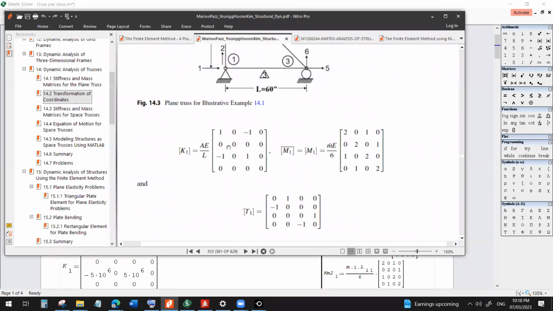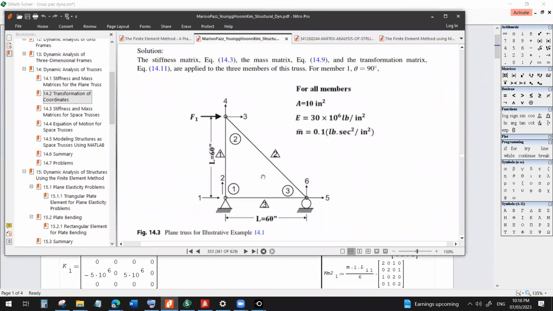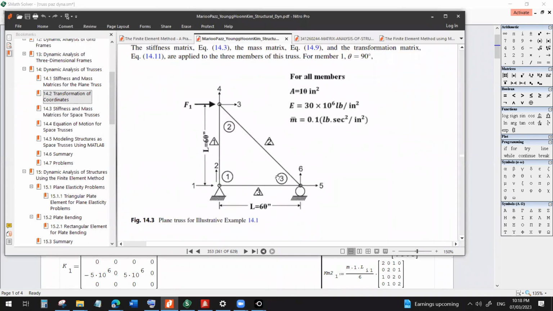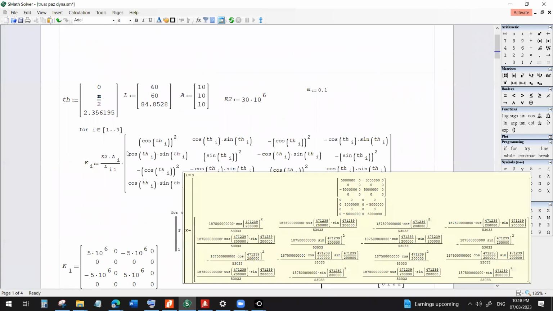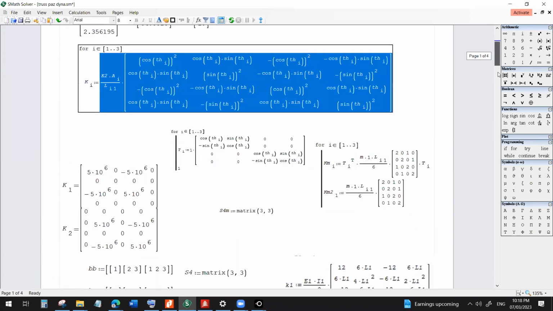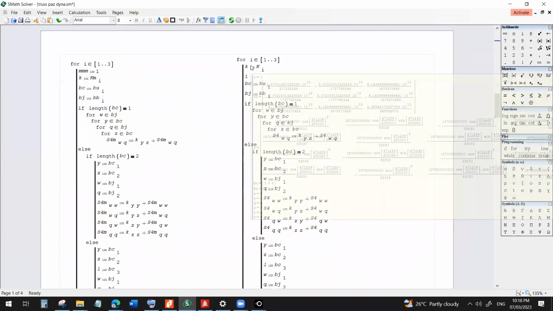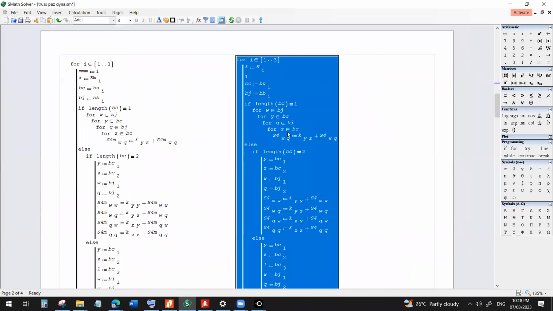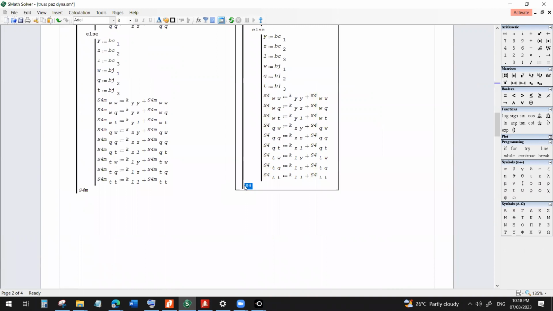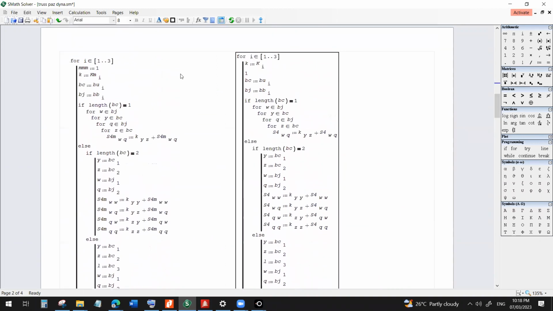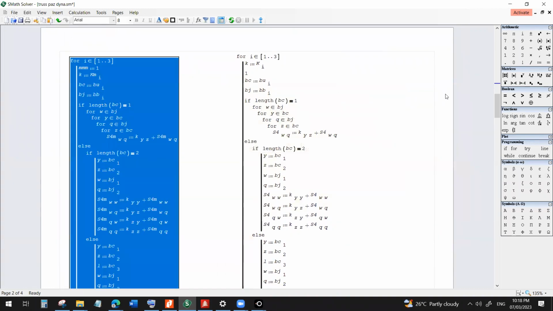Mario Paz showed the local stiffness matrix, while I went straight to the global stiffness matrix. Anyway, with this SMAT code, which I already showed for the beam, this will be the code for obtaining the stiffness matrix, which is S4, that's my designation. Then for the mass matrix, here it is.